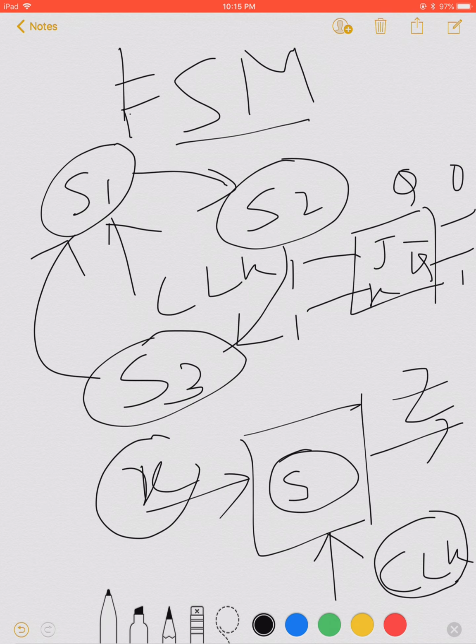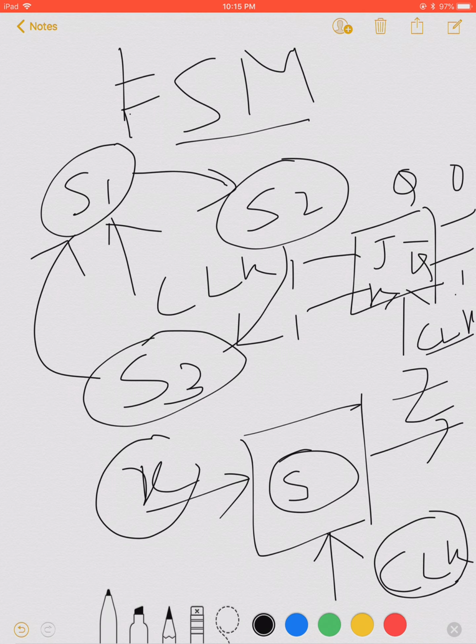Now if you give the input 1, it will go to state 1, but suppose it is positive edge triggered by a clock. Then it will toggle only at the positive edge of the clock, right?